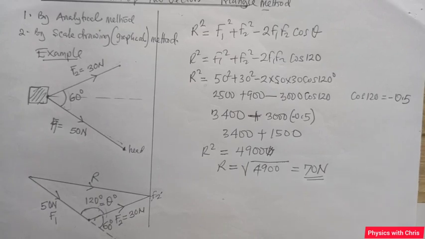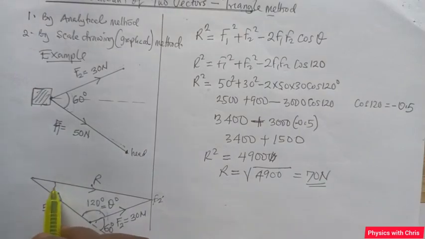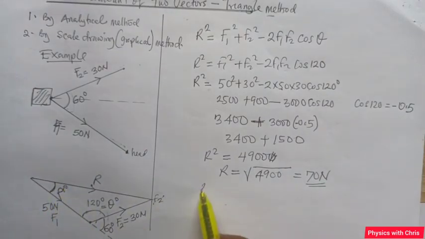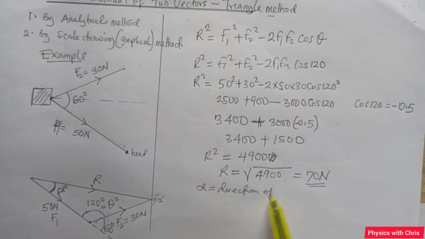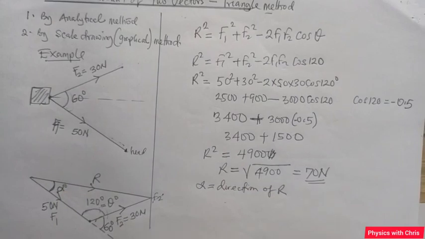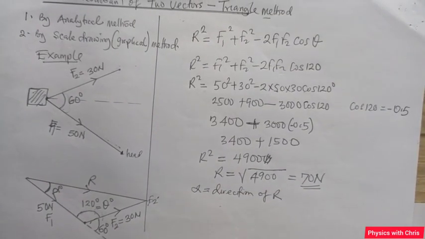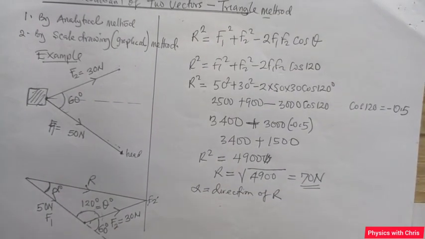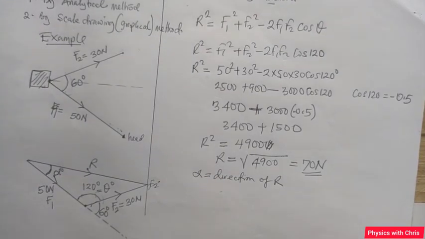Now, the direction of the resultant vector, we can place this alpha degree here. This alpha degree represents the direction of the resultant vector R. This 70 Newton is the magnitude of the resultant vector. We can use the sine rule.